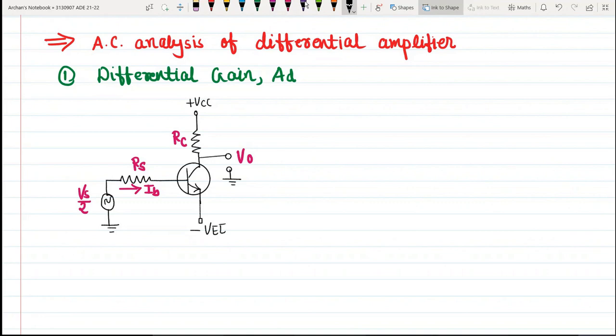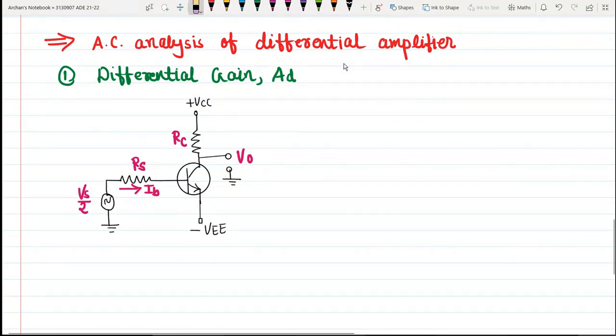And here we will have the voltage VEE. If you look at this circuit, you will find we have two DC supplies: the first is plus VCC, the second is minus VEE. We are going to perform AC analysis of the amplifier, so we need to replace the DC supplies by zero.